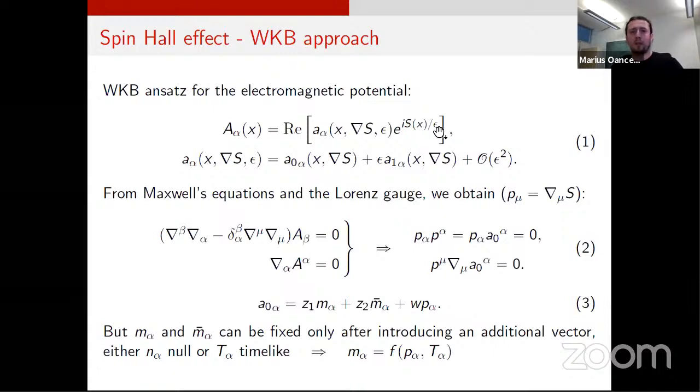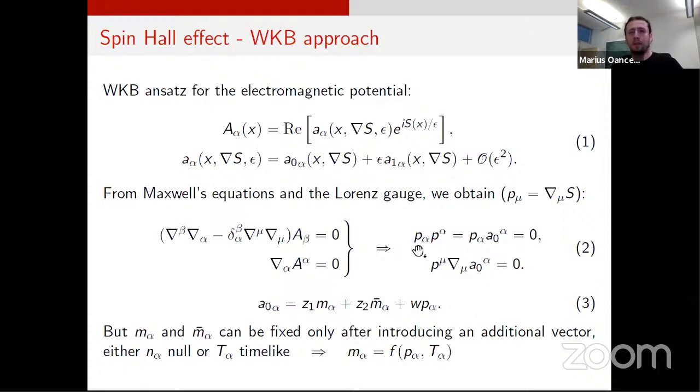For the sake of simplicity, we can roughly think of epsilon in this case as representing the wavelength. Okay. So now what we do is we take this ansatz and we plug it into Maxwell's equation and the Lorentz gauge condition. And this is what we obtain over here.